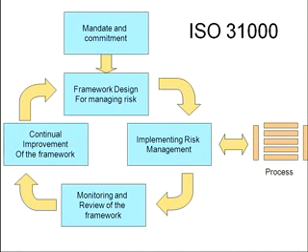Now, some may criticise it and say, well, look, it's too generic, it's too flexible, it doesn't really give me enough detail, it's all too pie-in-the-sky stuff. But there are some important points that come out of it.